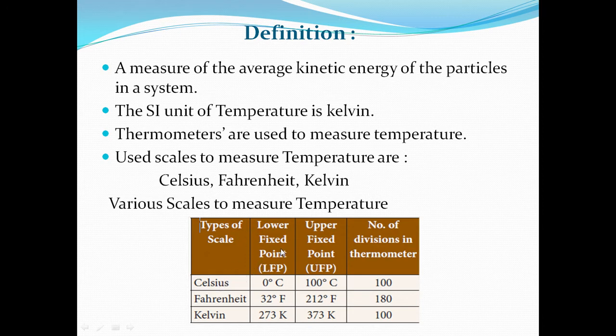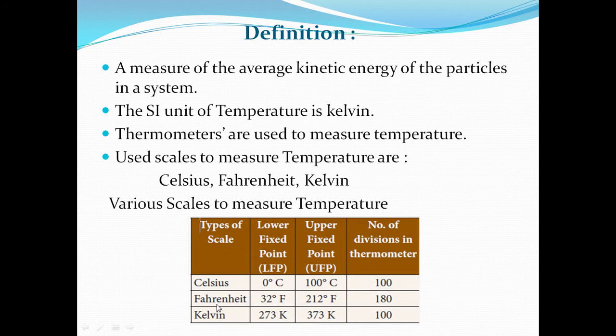The thermometer is measured using a lower fixed point (LFP) and an upper fixed point (UFP). For the Celsius scale, the lower fixed point is 0 degree Celsius and the upper fixed point is 100 degree Celsius. The number of divisions is the upper fixed point minus the lower fixed point: 100 degree Celsius minus 0 degree Celsius, which is 100.